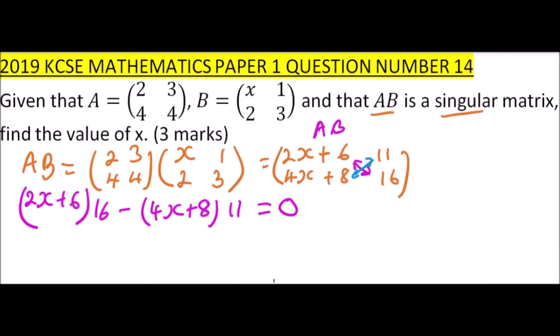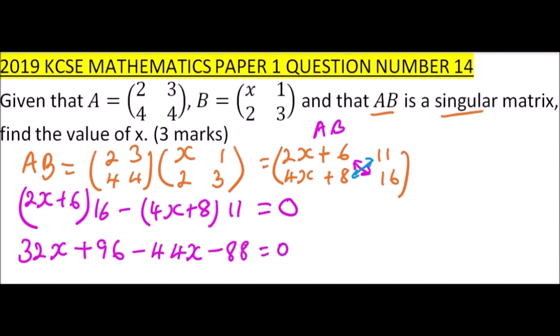So we open the bracket. This will be 2x plus 6 times 16. That should give you 96, minus 4x times 11, that will give you 44x, and you minus also 8 times 11, that is 88, is equal to 0.